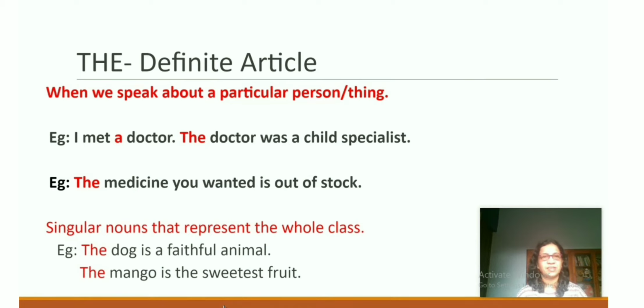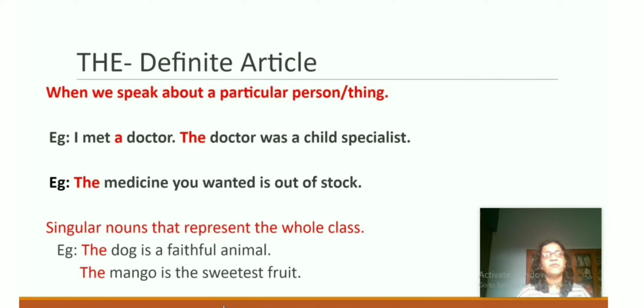The next, the definite article, is the. Now, when we speak about a particular person or a thing, we use the article the. The example given here is: I met a doctor. The doctor was a child specialist. Now, why do I say the doctor in the second sentence?